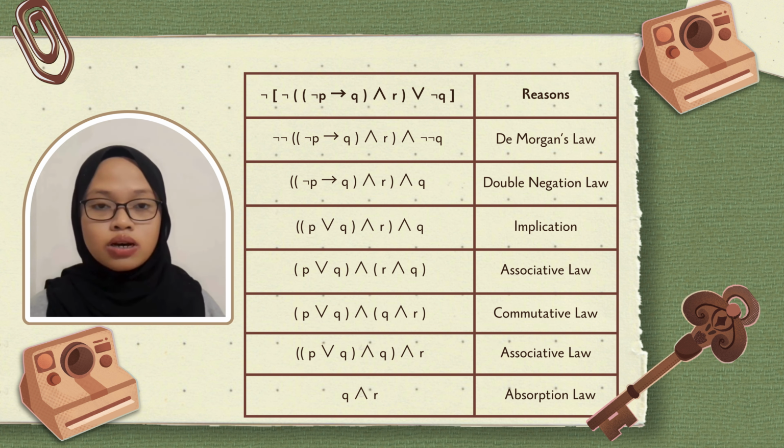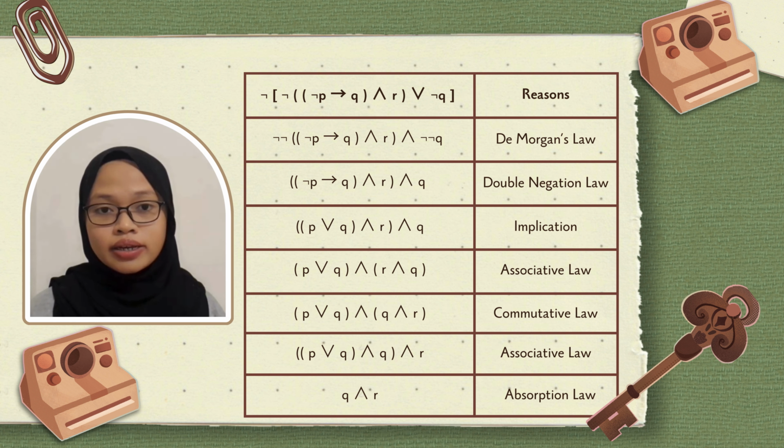By using this law, we get negate bracket negate P implies Q and R and negate Q. The next step is we use double negation law. By using this law, we get negate P implies Q and R and Q. Next, we use implication. By implication, we get P or Q and R and Q.